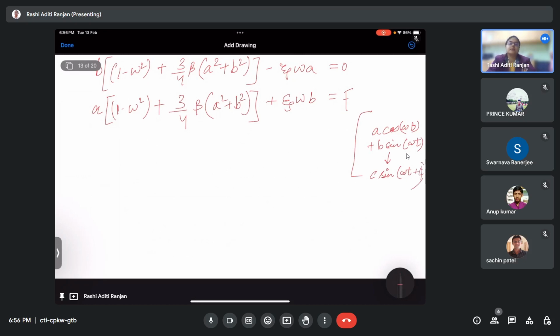You can write it like this, isn't it? And there c would be equal to under root of a square plus b square. This comes from the very basic understanding of sine and cosine functions.